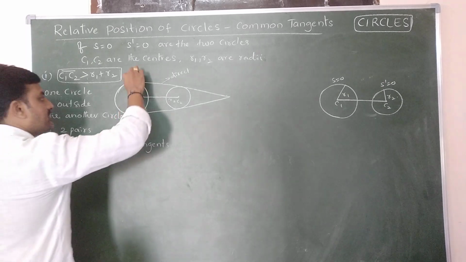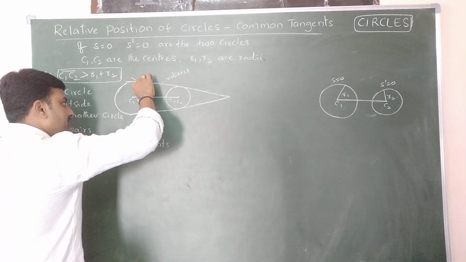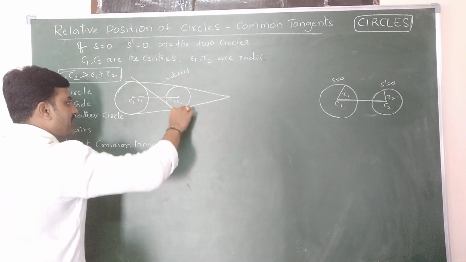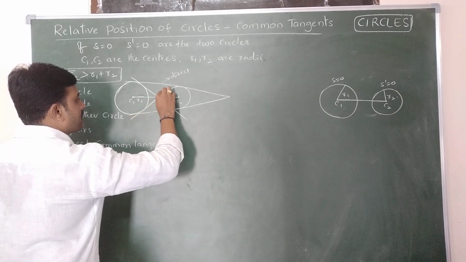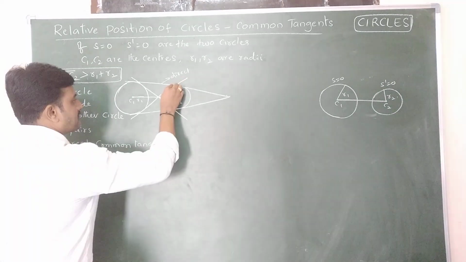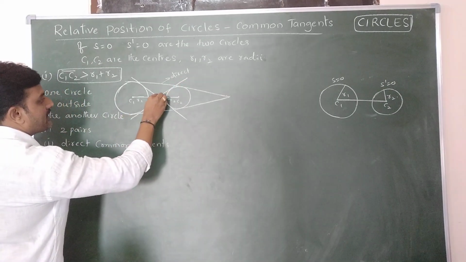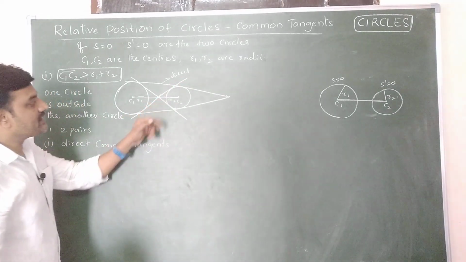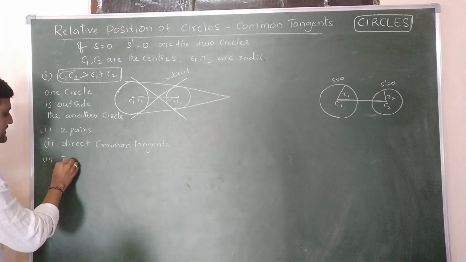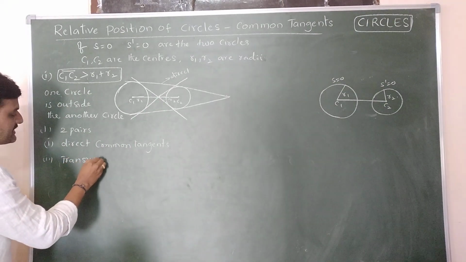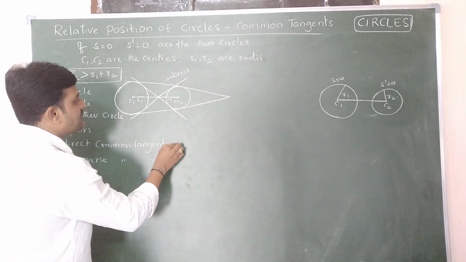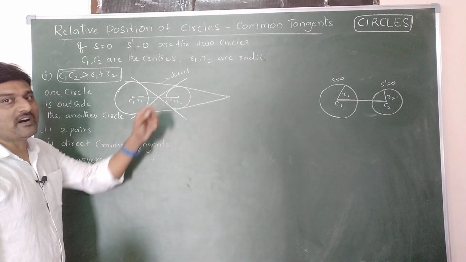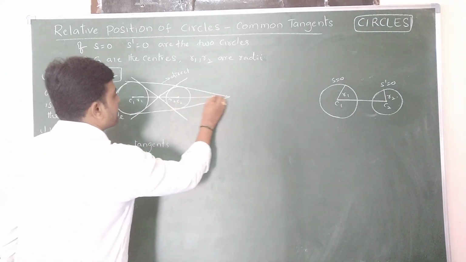And another pair of common tangents like this is called transverse common tangents. Now what is the meaning of direct common tangents and transverse?